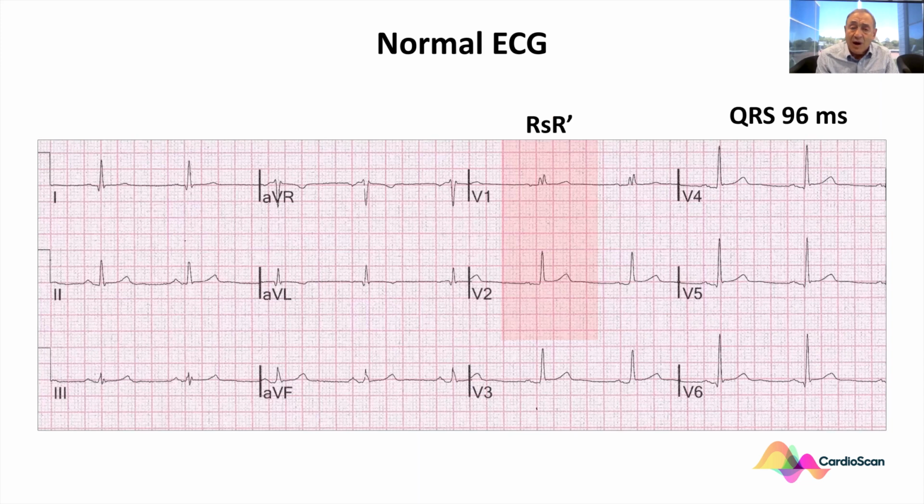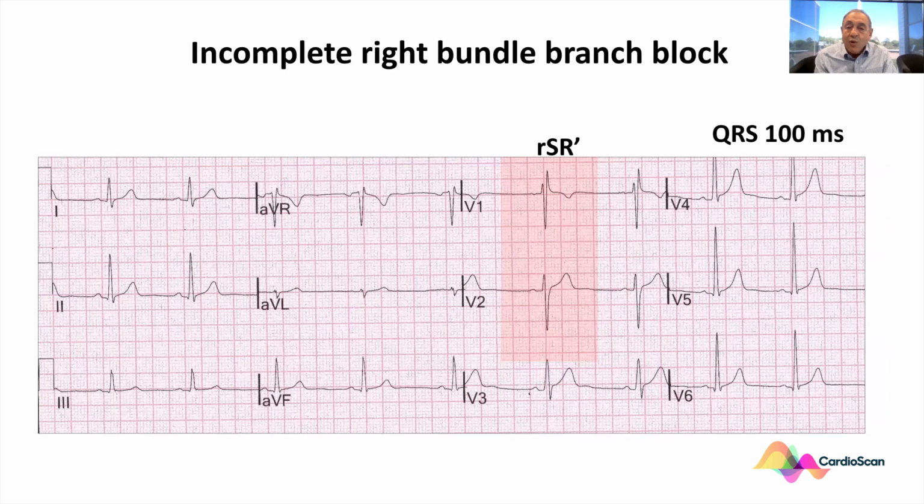Here is a third one, and you can see that in V1, it really does look like incomplete right bundle branch block, but the QRS is only 96 milliseconds. So in order to get to the incomplete level, one needs to have a QRS of 100 milliseconds.